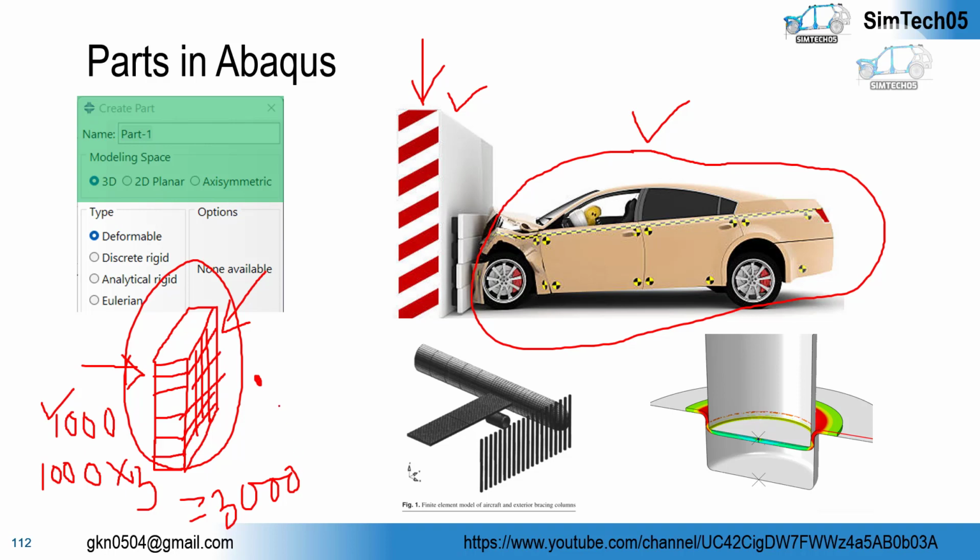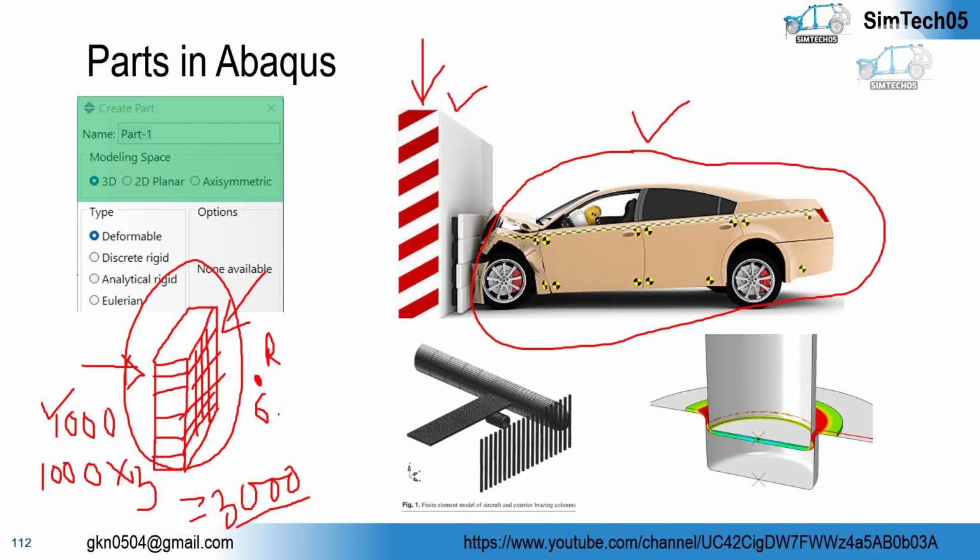So instead of this, we will make it rigid, and we will constrain the degrees of freedom of the whole component at only one point. So this point has only 6 degrees of freedom. Earlier we had 3000 degrees of freedom, and now we have only 6.